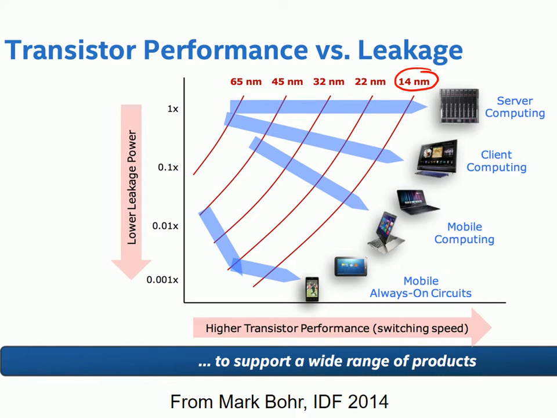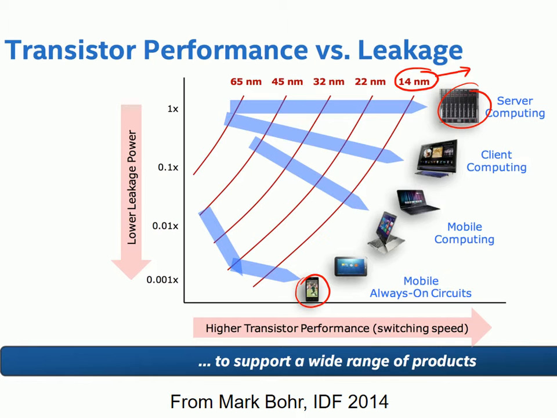Now, the 14 nanometer process is the latest process from Intel, and what happens here is that, as we have observed at the beginning, we have very different types of requirements for servers and for mobile systems.